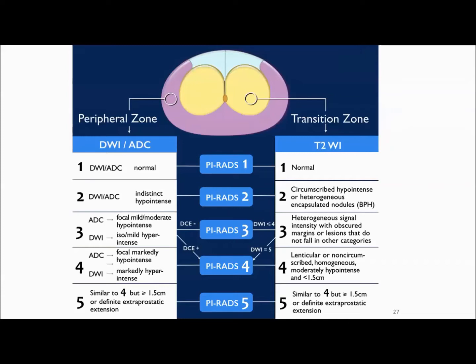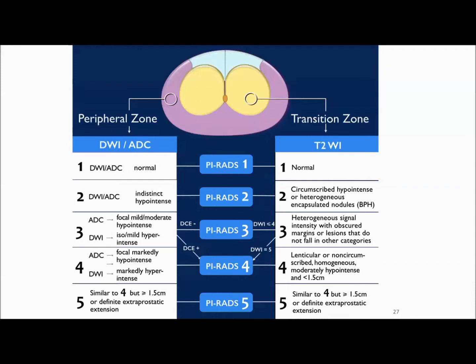The only difference is the size of the lesion. If the size is 15 millimeters or less, it is characterized as category 4, and if it is more than 15 millimeters, it is category 5. So this is the description of peripheral zone lesions on DWI and ADC sequence, which are the dominant sequences to evaluate peripheral zone lesions.